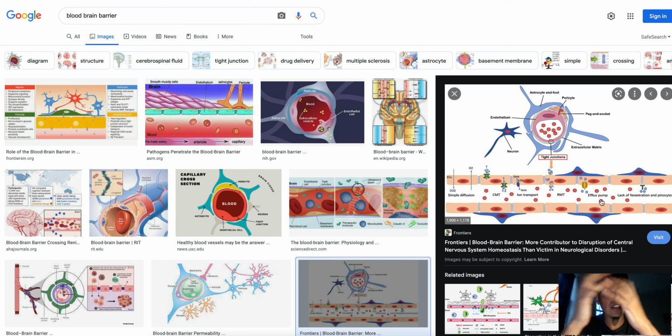It needs all your standard chemicals of life to survive, which include oxygen, carbon dioxide, glucose, certain proteins, certain ions, and whatnot. But the blood-brain barrier really is designed to only selectively let things in.